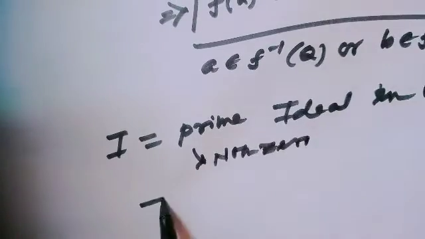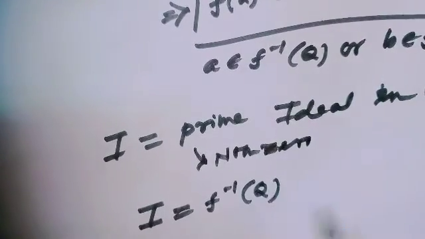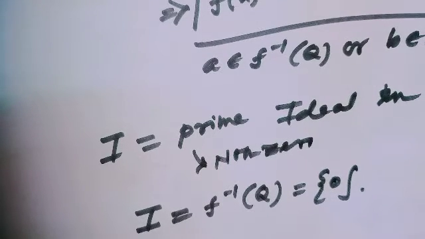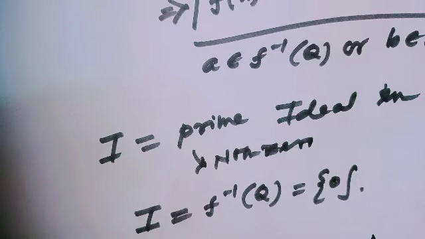Because if F inverse Q equals the singleton set {0}, then under the mapping it obviously maps to 0.